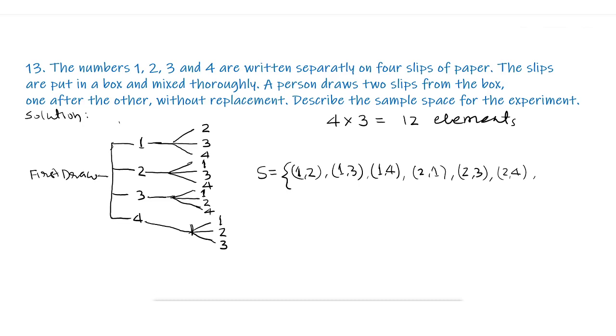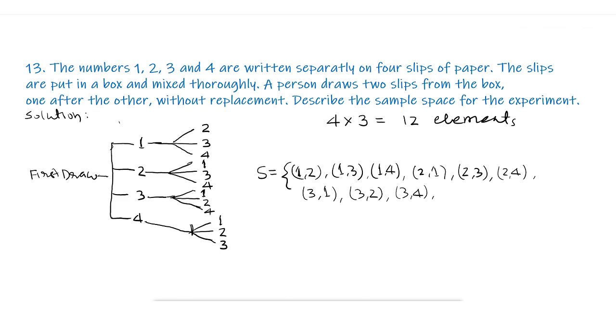If slip number 3 comes, then 31, 32 or 34 can come.